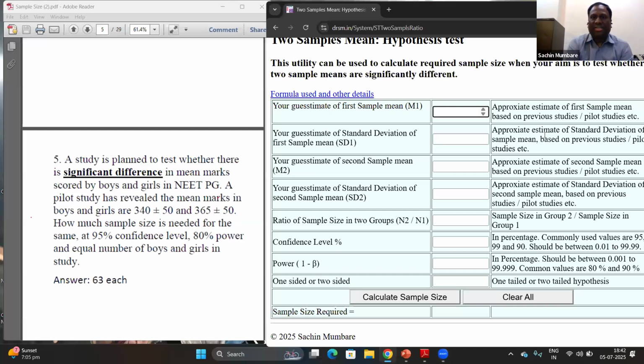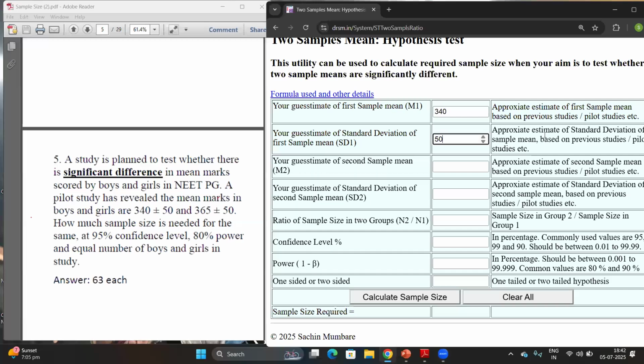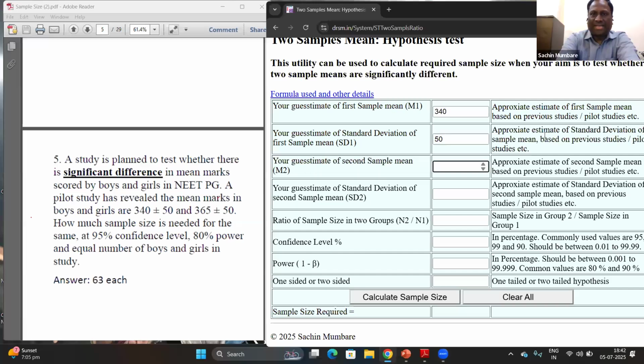How much is the guesstimate of the first sample mean? 340. And the standard deviation of the first sample? 50. Second sample mean guesstimate? 365. Then standard deviation? 50. That's correct.